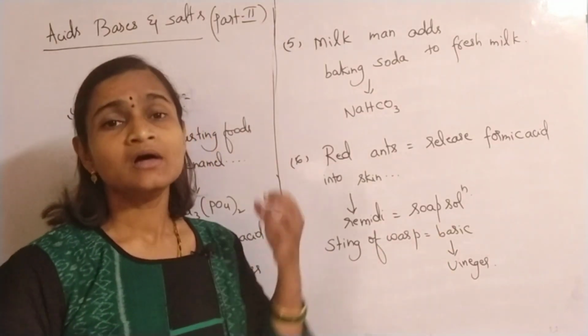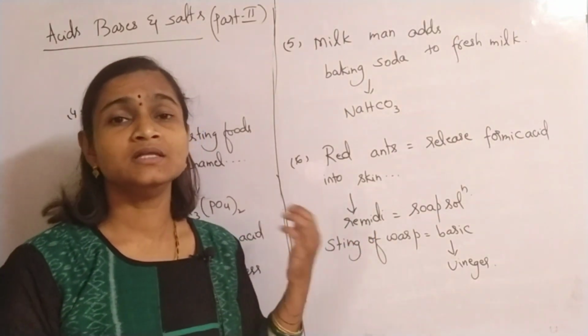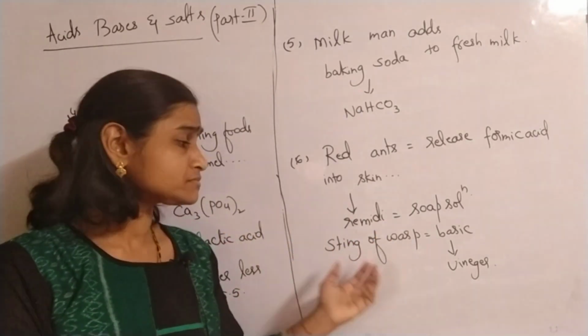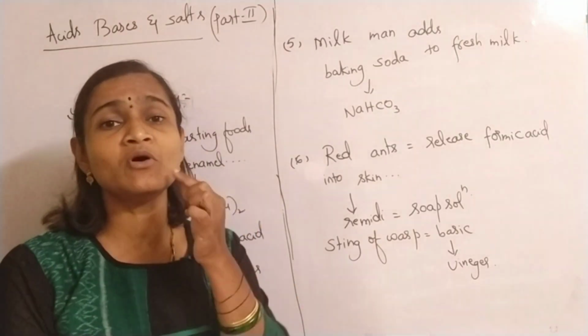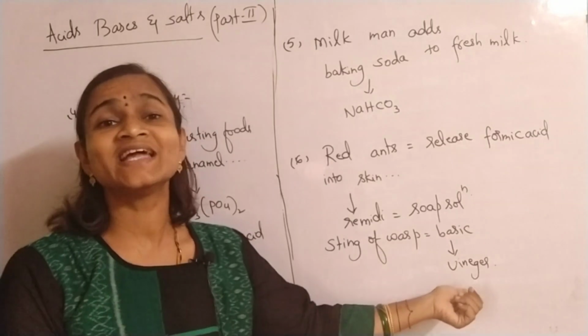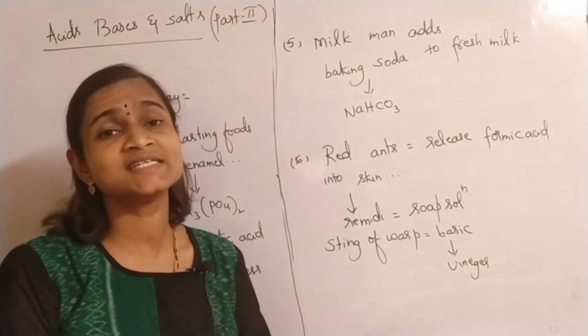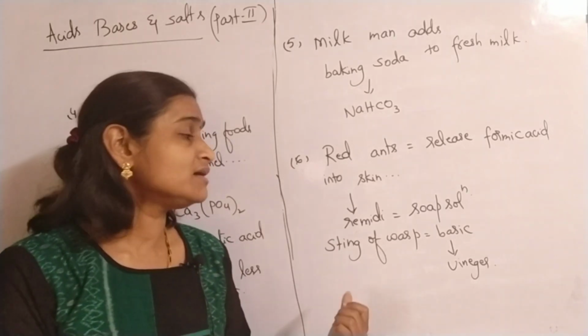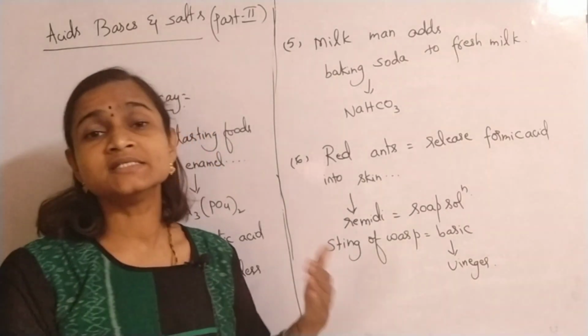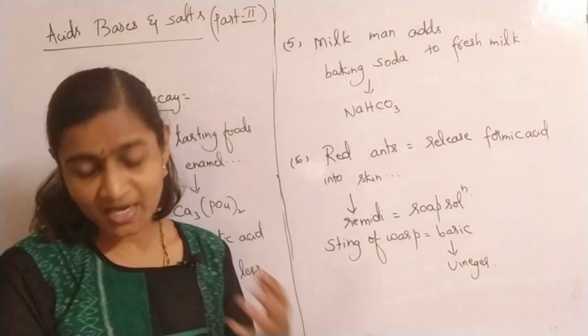In order to neutralize the basic nature of the sting, we apply a little vinegar in that area, so that the basic nature gets neutralized. Vinegar is acidic in nature, it is acetic acid. So the pH decreases and it gets neutralized, so that we get relief from the pain.